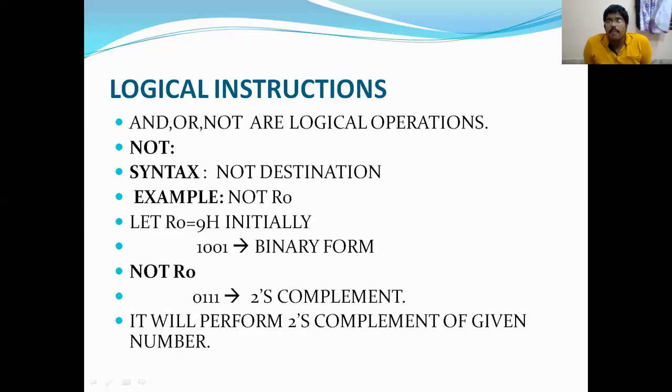The concept of these logical instructions is the same as that of the logic gates you have learned in your STLD.